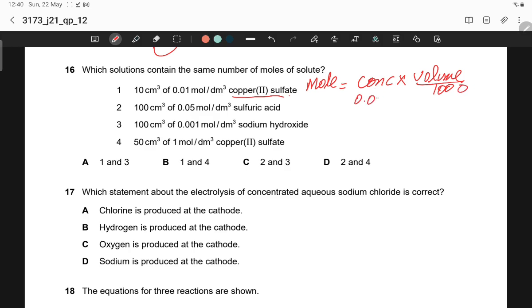Concentration is 0.01 into volume 10 centimeter cube divided by 1000. This is equal to 0.01 into 10, 0.1 divided by 1000, which is 1 into 10 raised to the power minus 4, 0.0001.